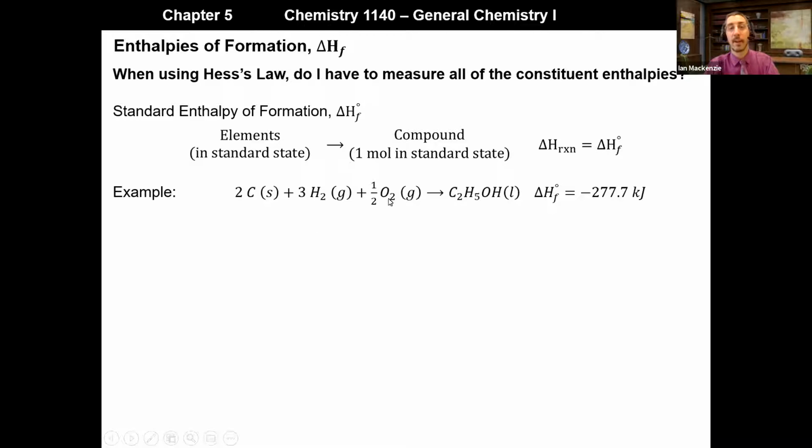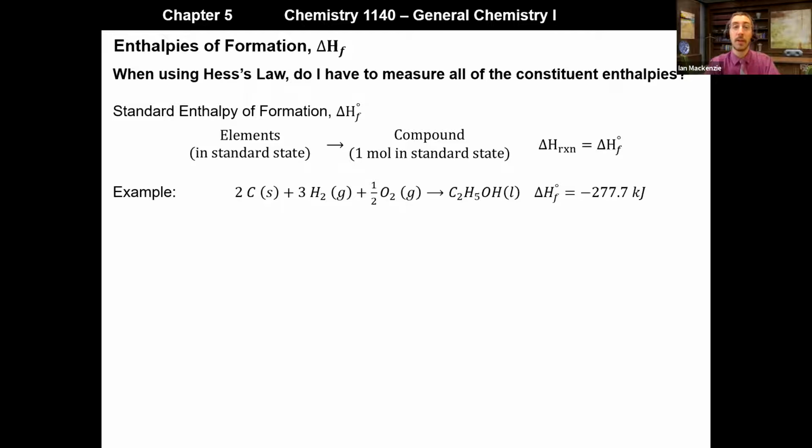So even though I have a fractional coefficient here, I'm not going to get rid of that by multiplying everything by 2, because that would then be the reaction for the formation of 2 moles of C2H5OH. And the enthalpy for this reaction is negative 277.7 kilojoules, and that is now the heat of formation of that element, or not that element, that compound, ethanol, in its liquid state.